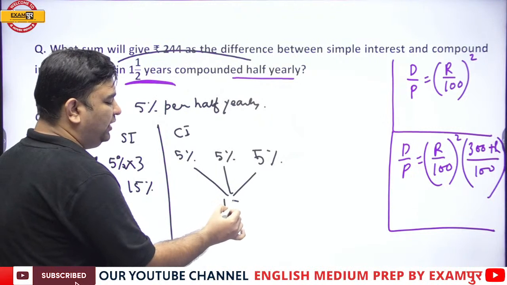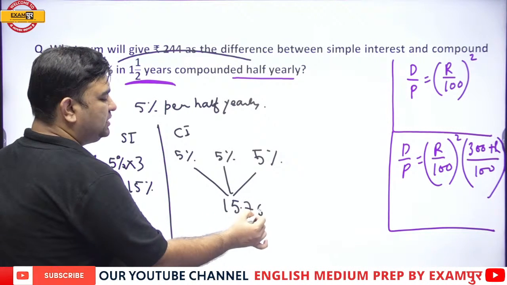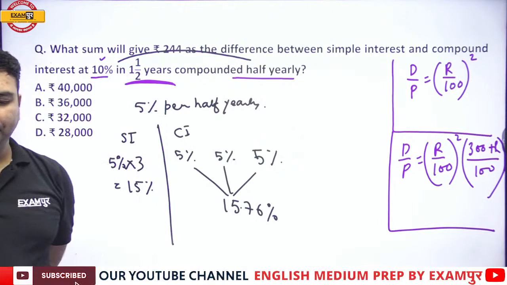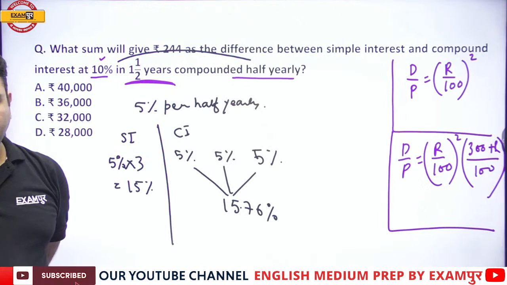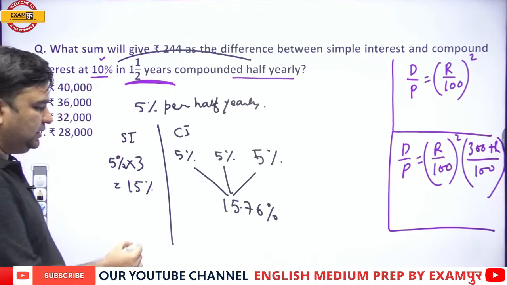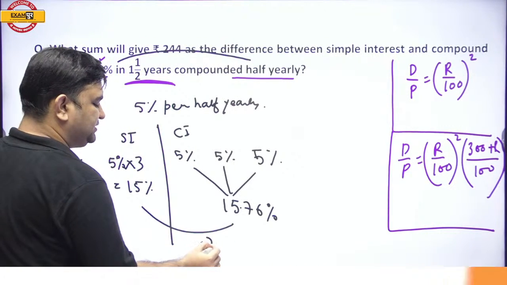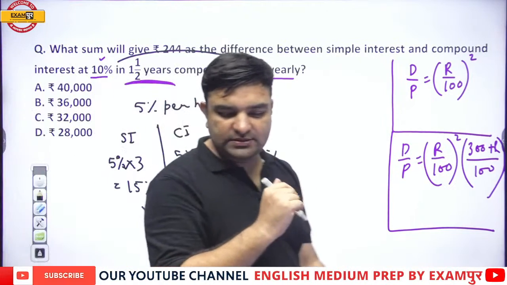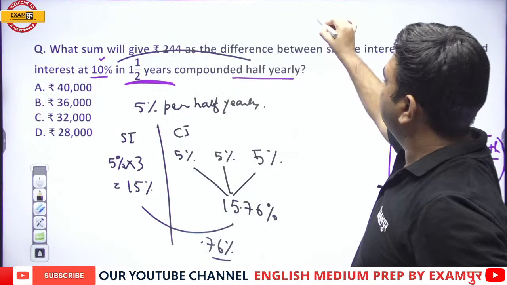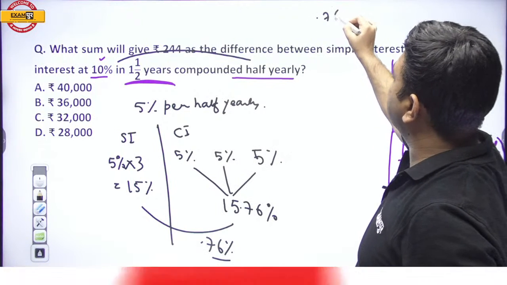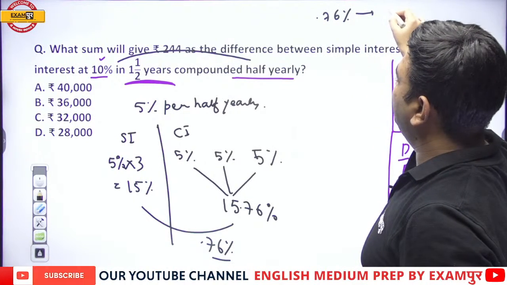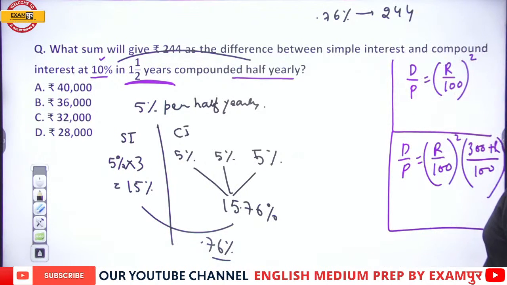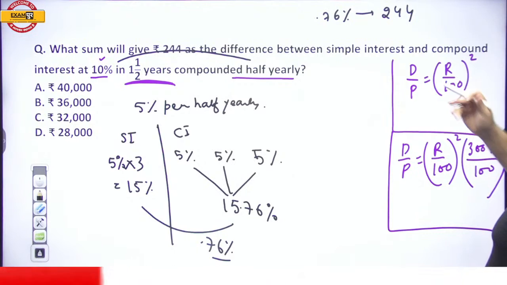You will not calculate this in the examination hall because if you do not remember it, then you are not prepared for it. So the difference is 0.76%. 0.76% is given as 244.